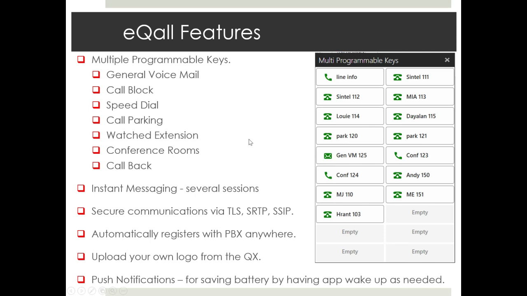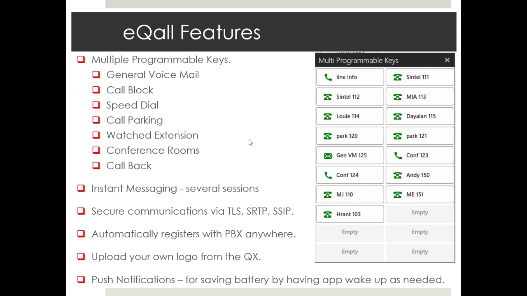In addition to the basic eQall, you have some programmable keys, similar to what you're used to on your desk phone. You can program things like general voicemail, call blocking, speed dial, call parks, watched extensions, conference rooms, callback.